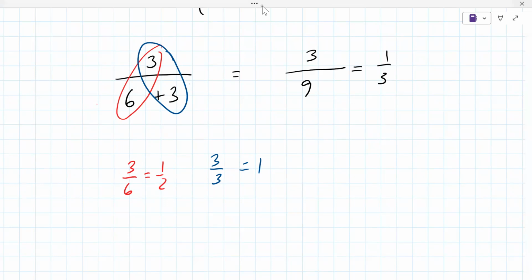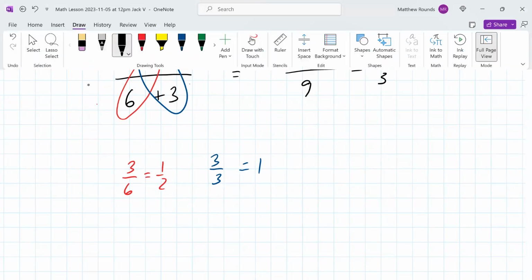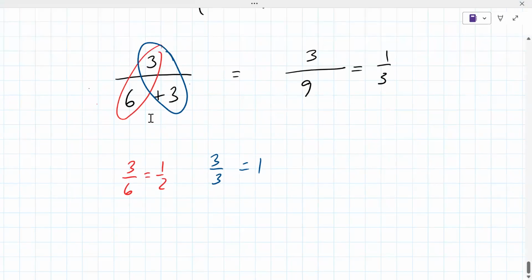Well, you wanted to make up some rules here. I'm trying to show you that we can't just do that. We can't just make up our own rules. In this example, you can add the bottom because the bottom is inside parentheses, but you can't start making up your own ideas about this.